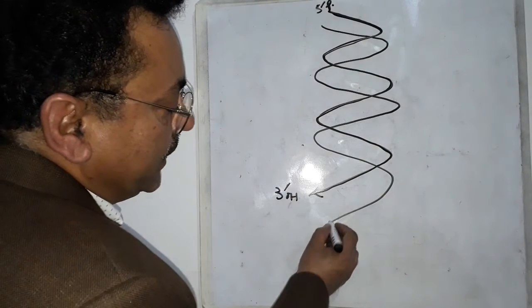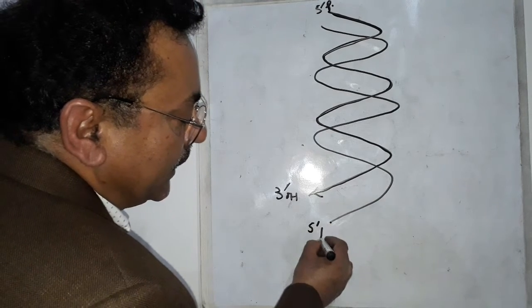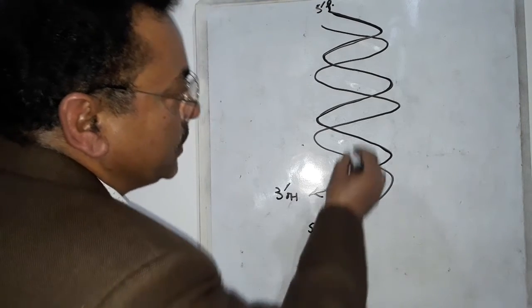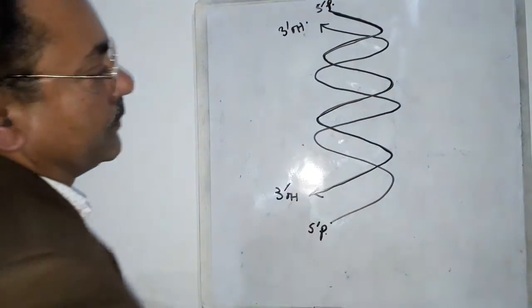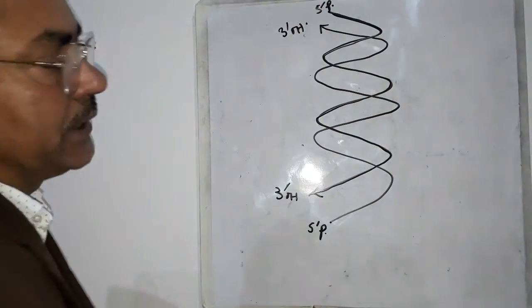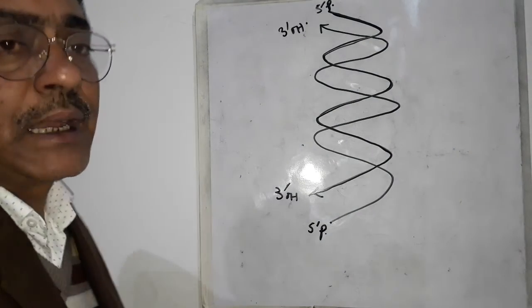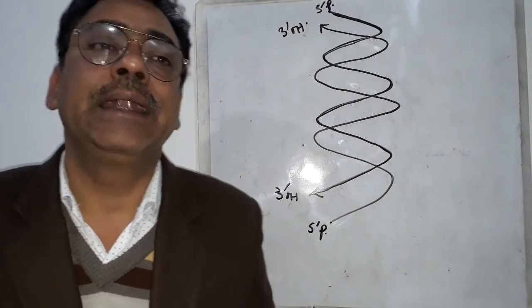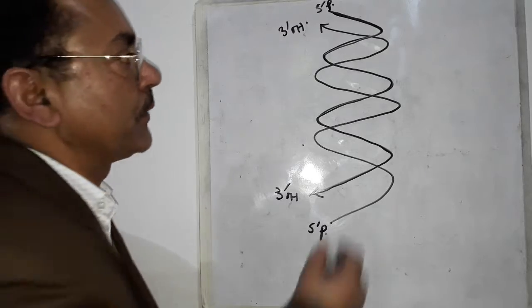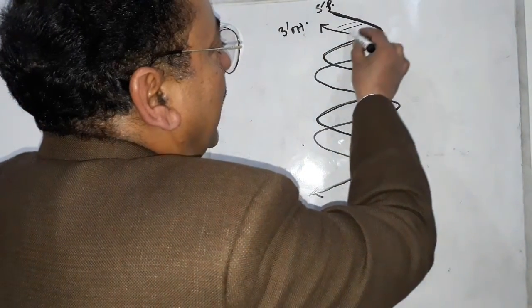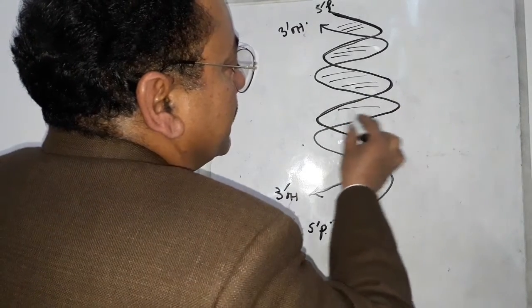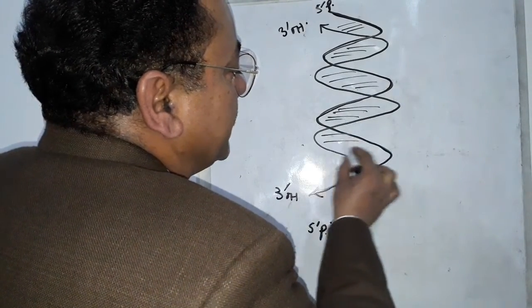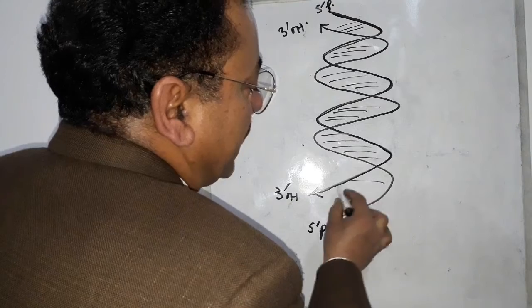And the other will be here running in a direction from 5-P to 3-OH. So these are the two strands which are complementary strands and anti-parallel strands, and there are hydrogen bonds between the complementary bases. So this is DNA double helix structure.